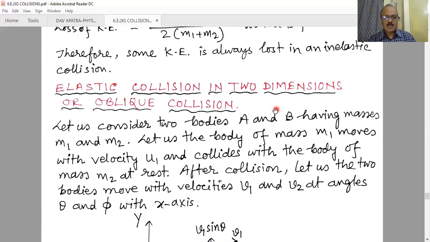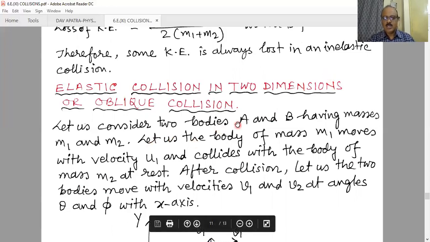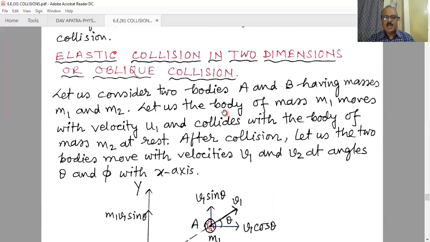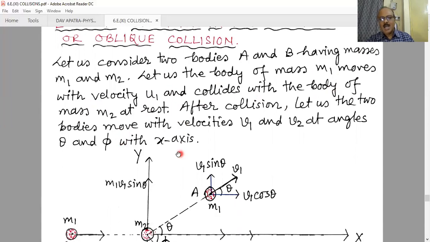Here let us consider two bodies A and B having masses m1 and m2. Let the body of mass m1 move with velocity u1 and collide with the body of mass m2 at rest. After collision, let the two bodies move with velocities v1 and v2 at angles theta and phi with the x-axis.